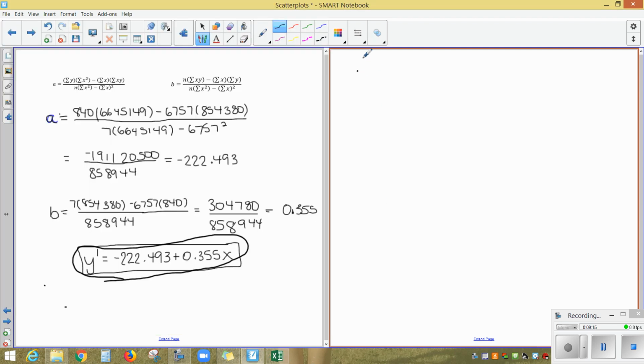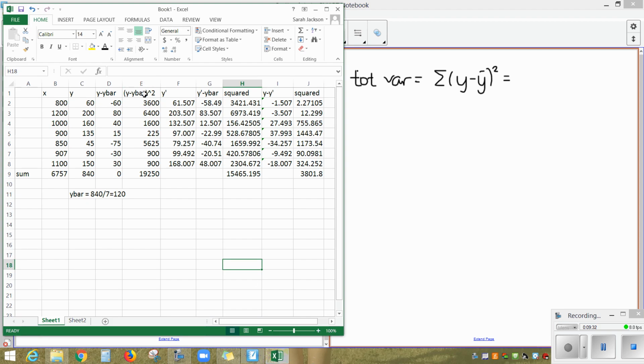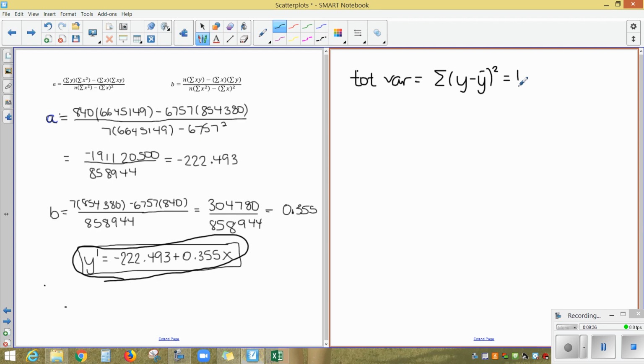If I want the total variation, which is the sum of the y minus y bar squareds, from my Excel spreadsheet, my y minus y bar squareds is 19,250.